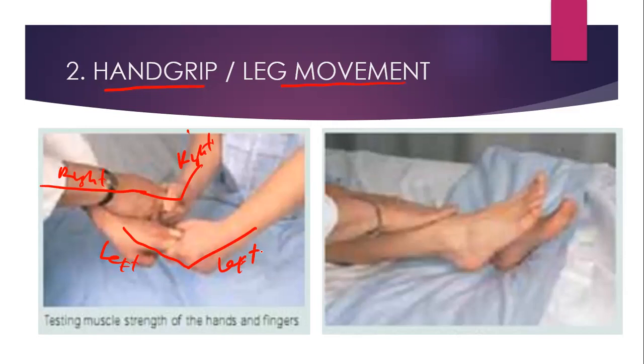And then for the leg, you put a resistance, and sabihin mo, ma'am, can you raise your leg with resistance? Assess mo kung strong, moderate, weak, or absent. And then pag pababa naman, you can also put resistance sa baba. Right? So I will show you a video later.